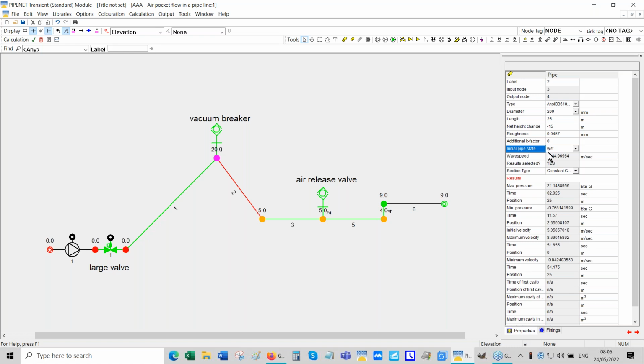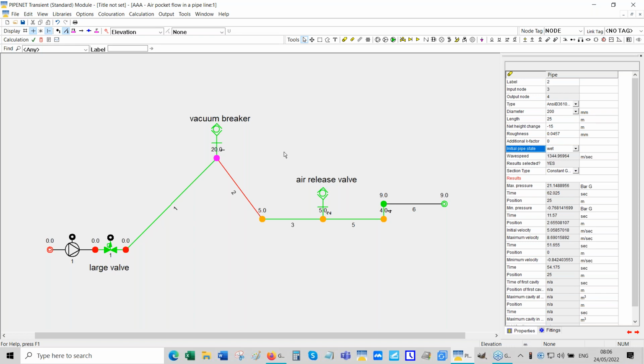We call it priming, and the pipes get primed gradually, one by one. But the PIPENET dry pipe model is not limited to that. A pipe could also start with a wet state, as it is here, and then it can become dry, and it can become wet again.